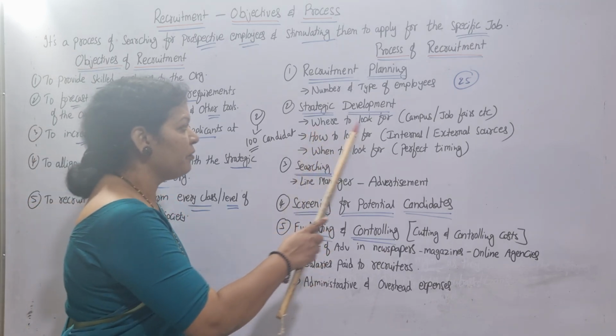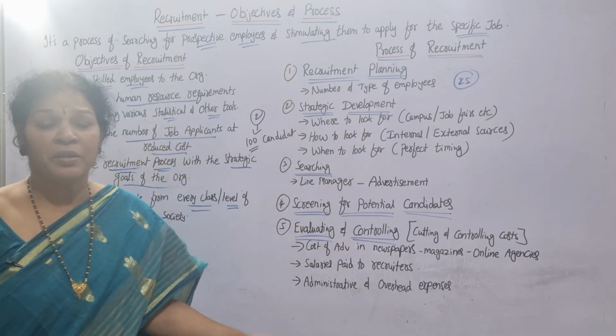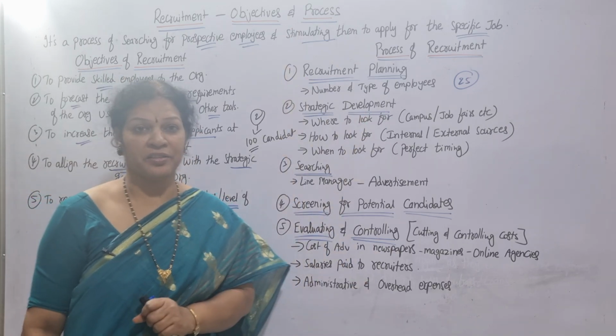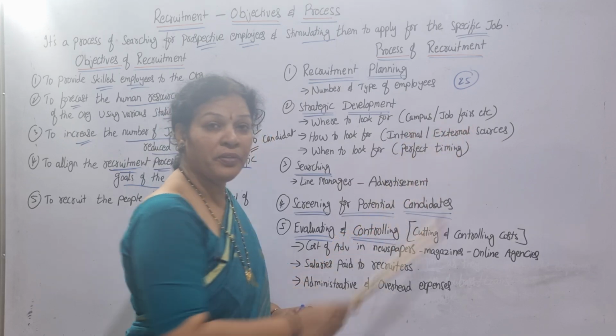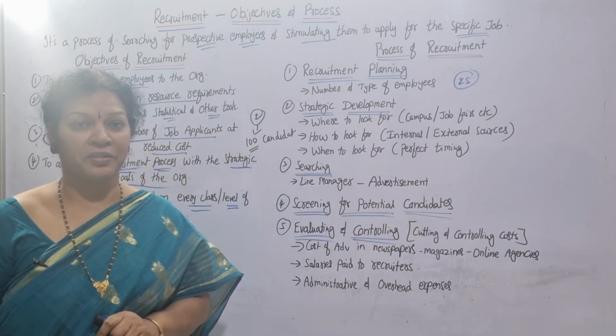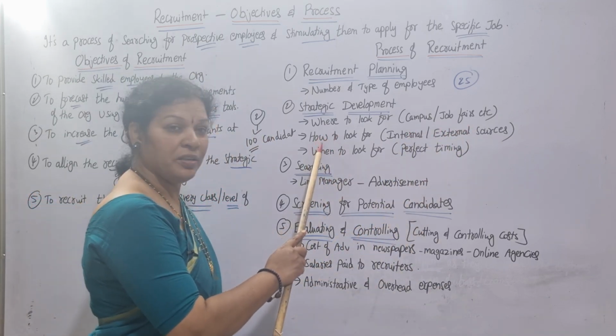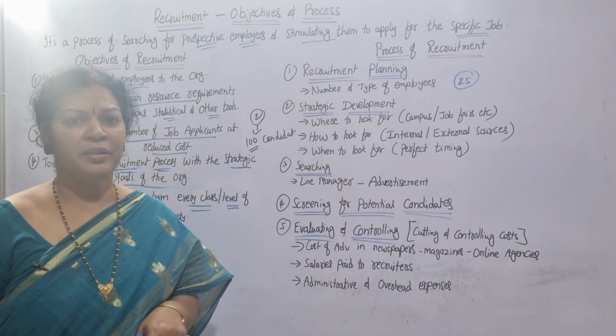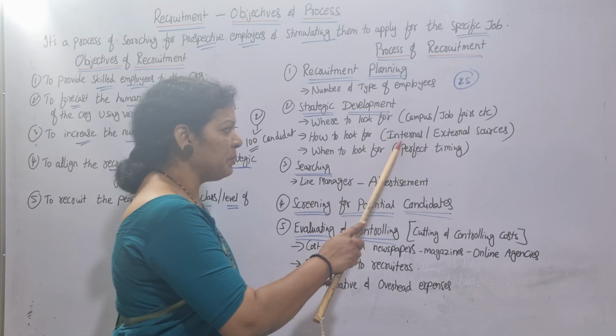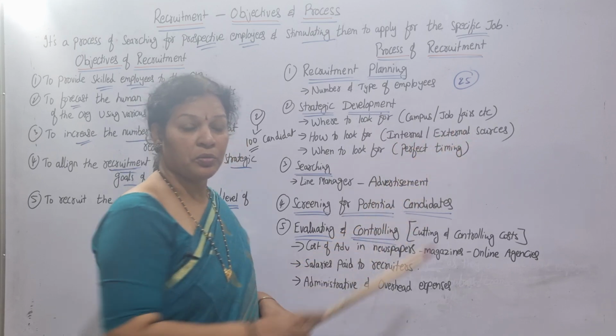First point is where to look for, means from where can we get the candidates, maybe from college campus or job fairs, etc. Second step is how to look for, means maybe internal sources or external sources.